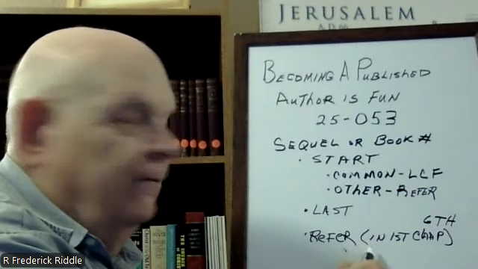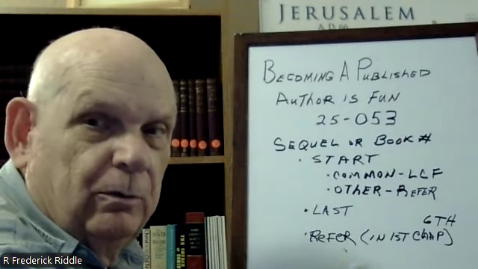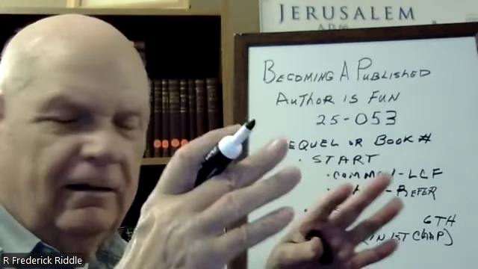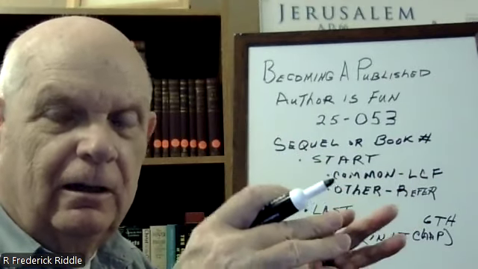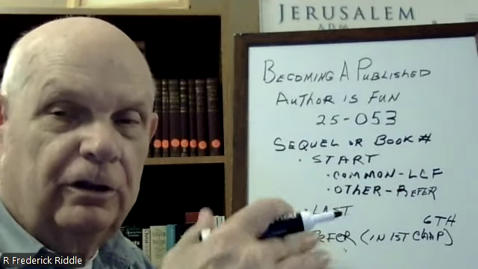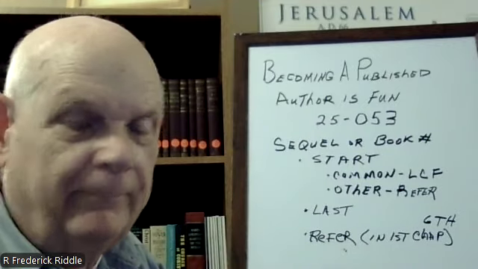The second book will refer back to the first book. The third book might refer back to the previous two, and so forth, so that you have a collection of information that's put in story form, so that you can understand and place it in there without distracting from the current plot.